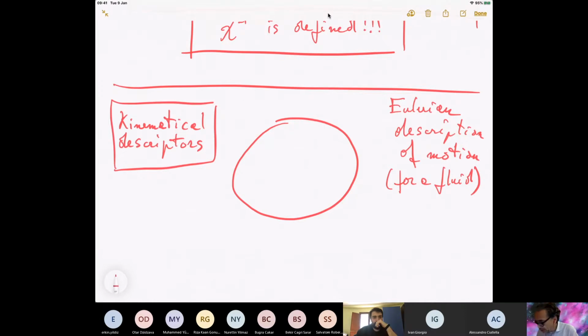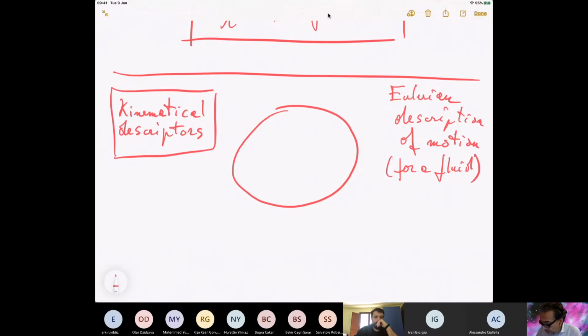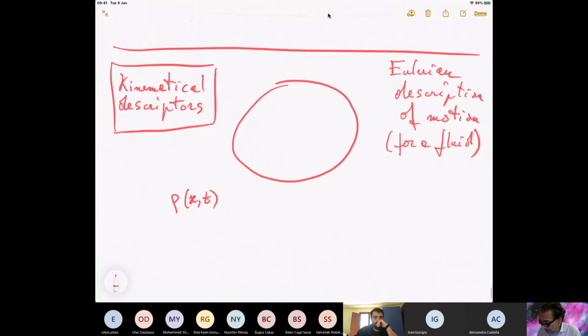We have introduced rho of small x and t. You remember, we defined the mass volumic density, the mass density in the Eulerian description.